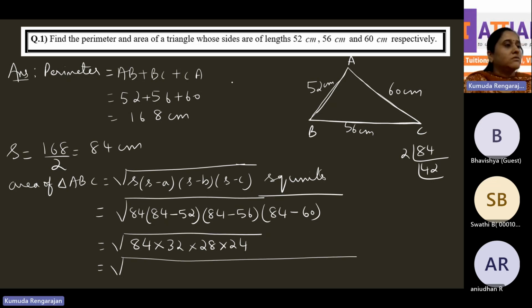What's the date, Ramanan? 16th. Yeah, right. Write the date, name of the chapter, Heron's formula. Take down this question and write down whatever you see so far and then continue and let me know. Find the factors of 84 and tell me. Finished? Yeah, what's the answer?